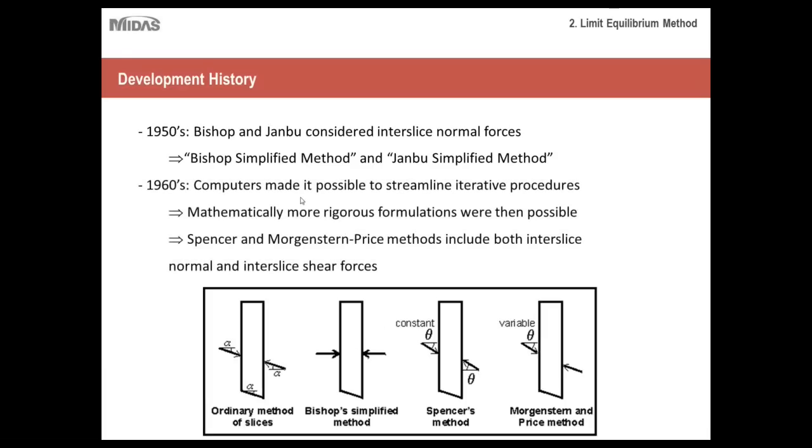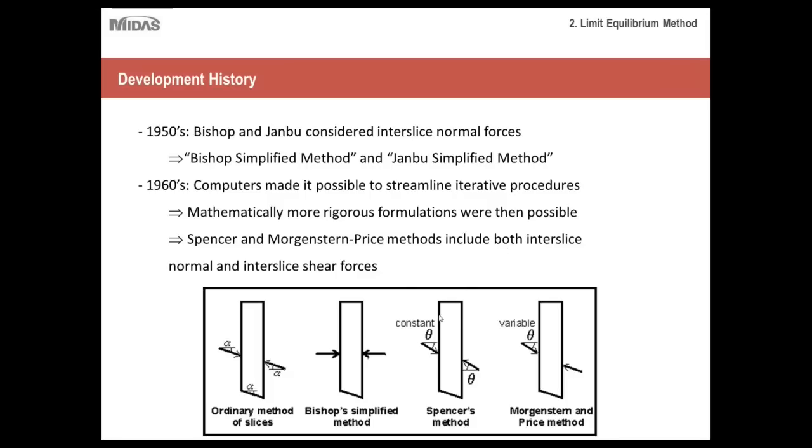Then in the 1960s, computers made it possible to streamline iterative procedures. Therefore, mathematically more rigorous formulations became possible. Two prime examples of this are the Spencer and the Morgenstern-Price methods, which include both interslice normal and interslice shear forces.